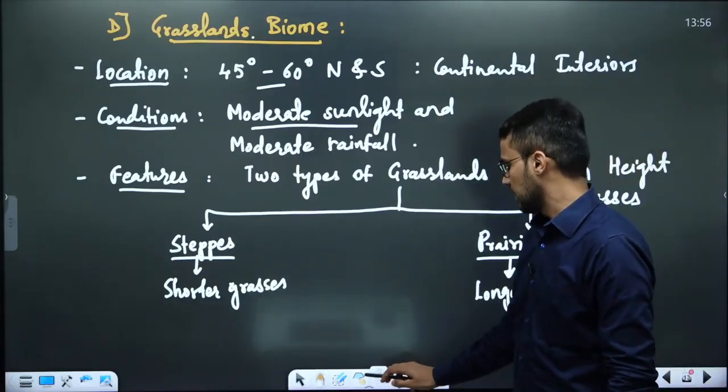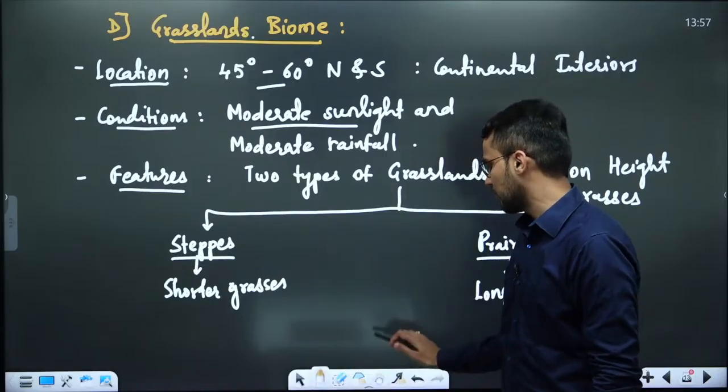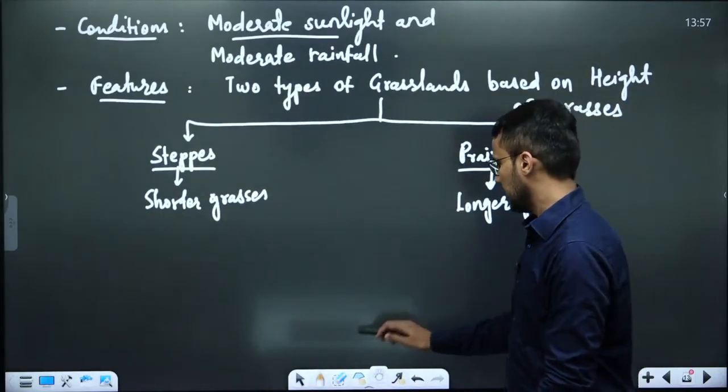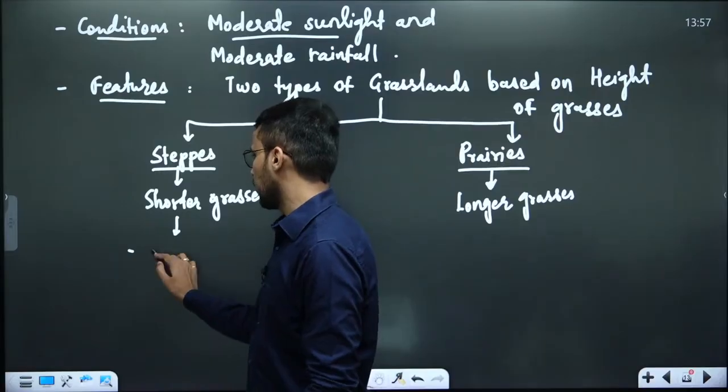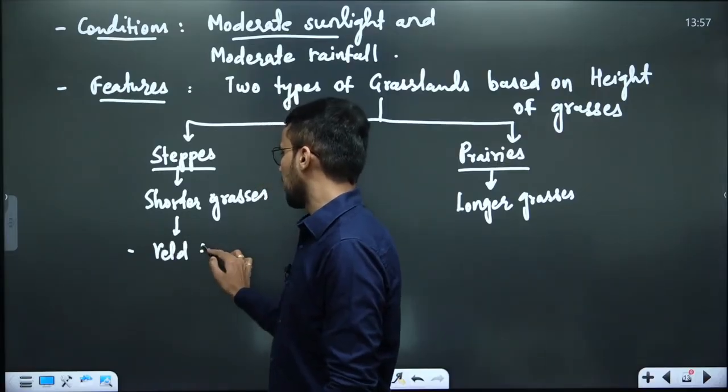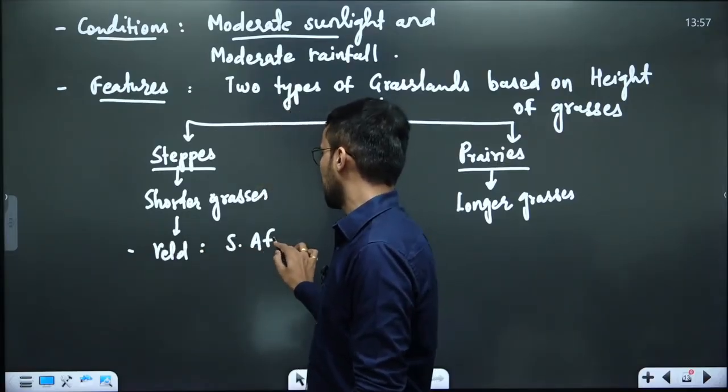Next, these steppes have different names in different areas of the world. So they are called as veld. कहाँ पे? In South Africa.